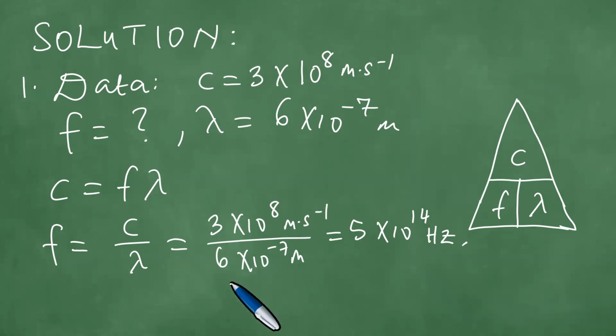Now, there are a couple of ways you can use to do this, because you can take your numbers and say, for instance, 3 divided by 6, which is 1/2, which is 0.5, and this one is 10 to the 15th power, etc. So that actually gives you the 10 to the 14th power.